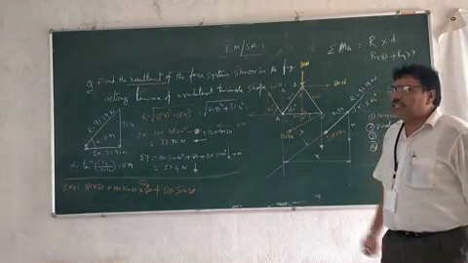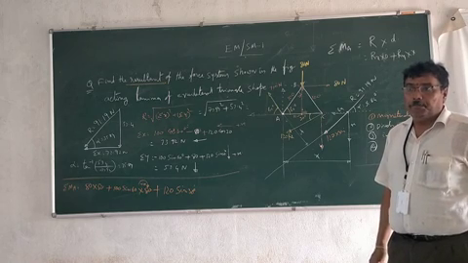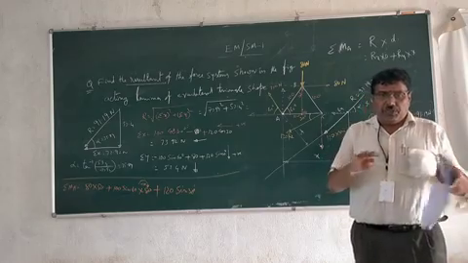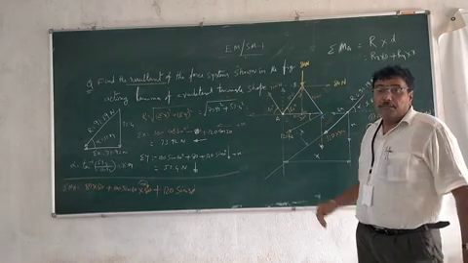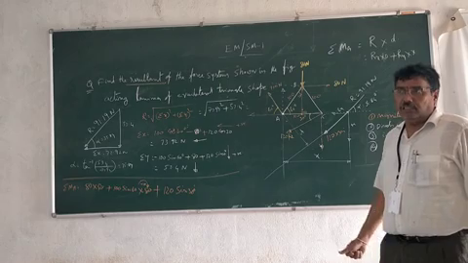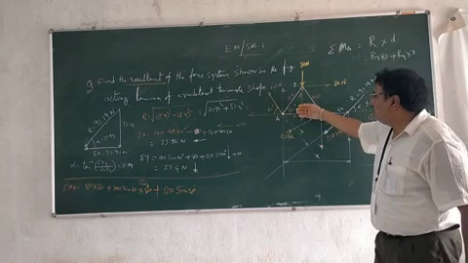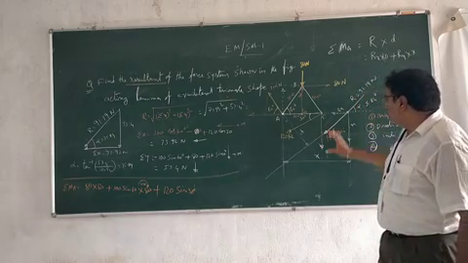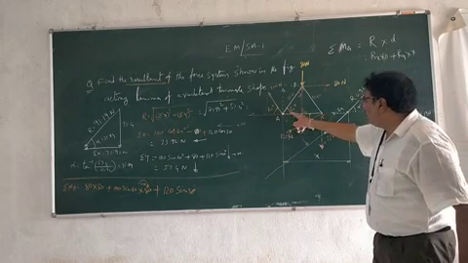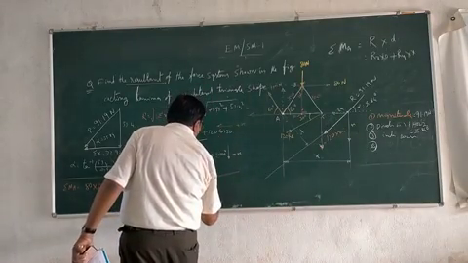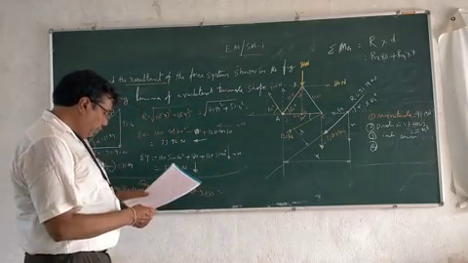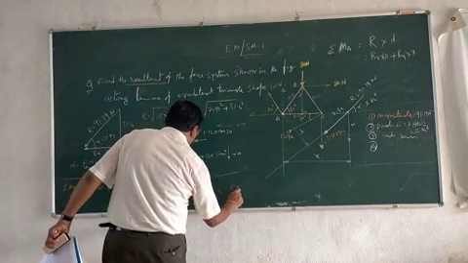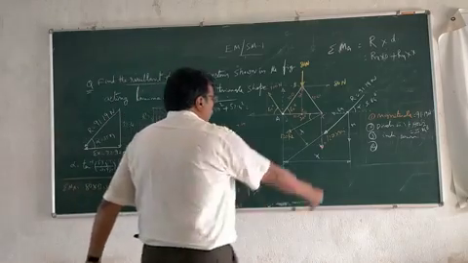It is giving only vertical component, giving 63.4 into x.